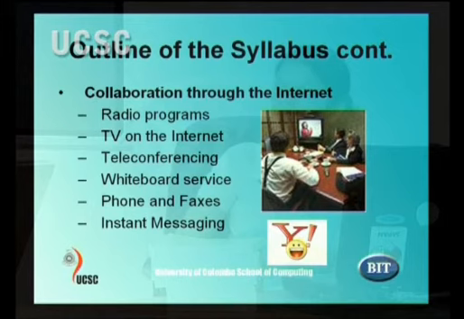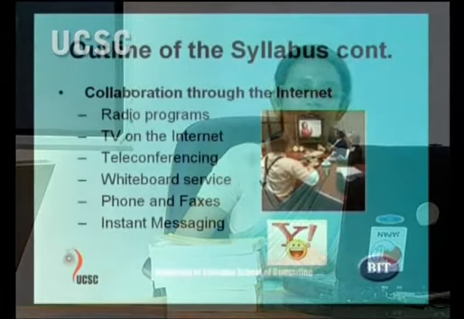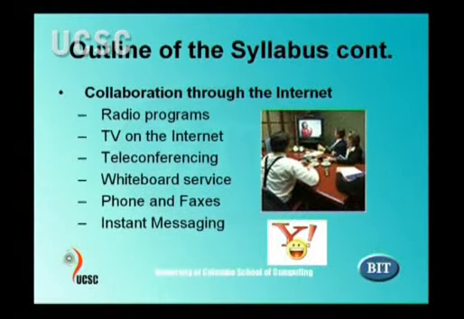Most of the radio channels are broadcast over the internet, and with internet TV, say if you are going abroad for some period of time, you may not miss your favorite TV program, because you may be able to watch it over the internet. And the other thing is instant messaging. You know that you can chat with a person who can be hundreds of miles away.